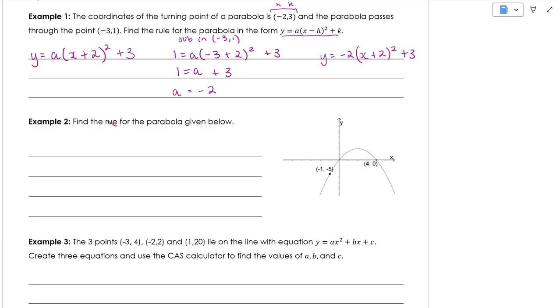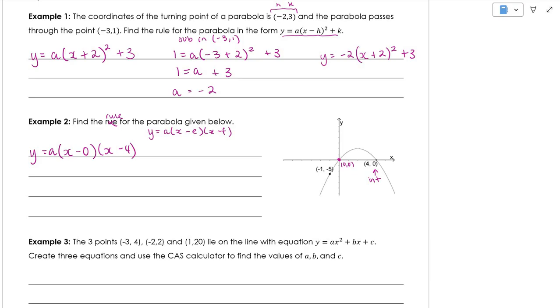Now this one here, this should obviously say rule, but this parabola that we're given here, we've got an intercept here and we've got an intercept at 0, 0. So the best form to use is going to be that intercept form of y equals a(x minus b)(x minus f). So in this case, we're going to have y equals a(x minus 0)(x minus 4), which means that we'll end up with a x(x minus 4), okay?